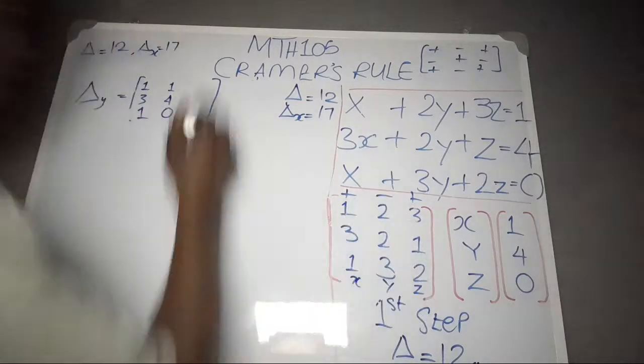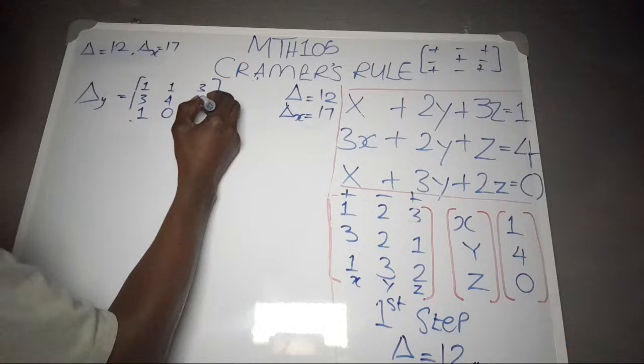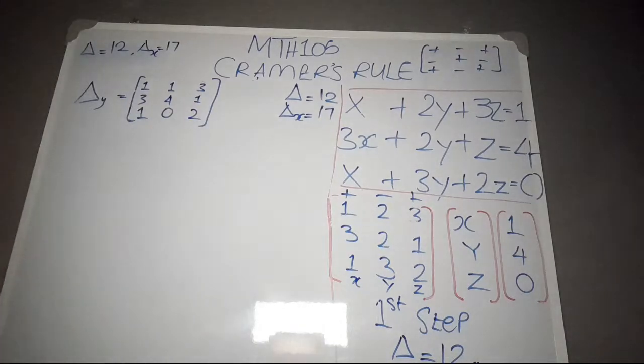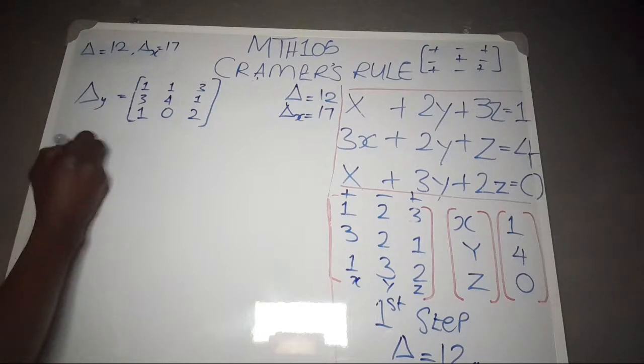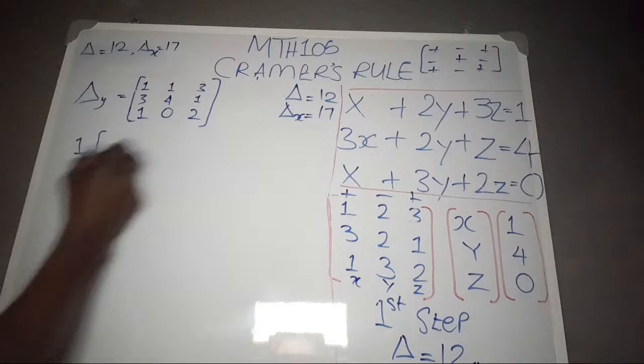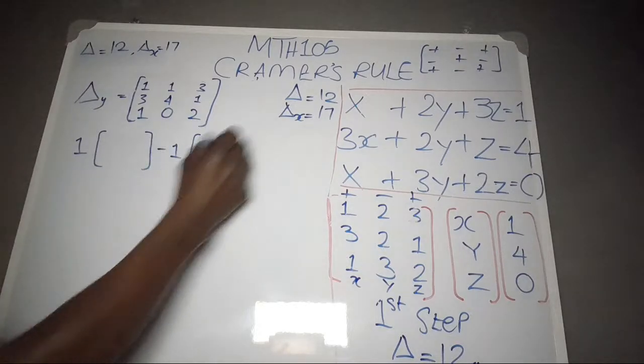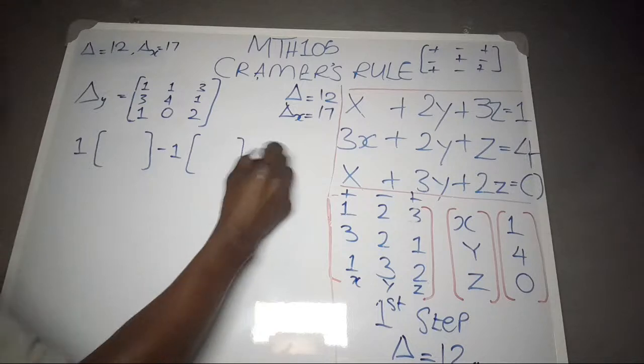So z stands as 3, 1, 2. So we then may say for 1, we have minus 1, we have plus 3.